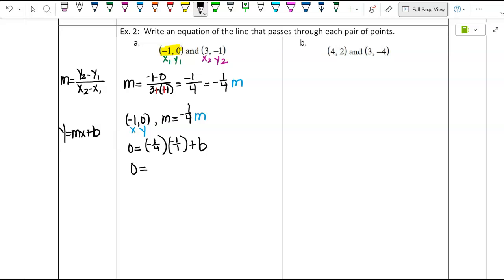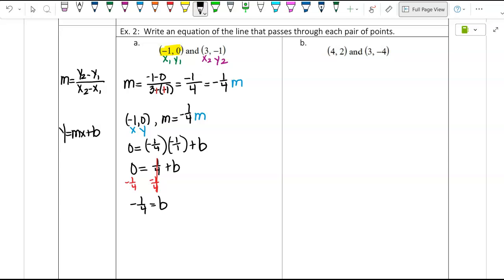So 0 equals +1/4, because -1/4 times -1 would just give us a +1/4 plus b. And if I subtract 1/4 from both sides, I don't even have to rewrite this math problem, because 0 minus 1/4 is -1/4.